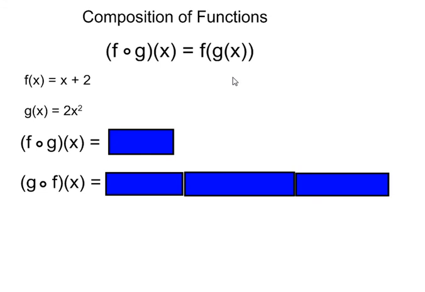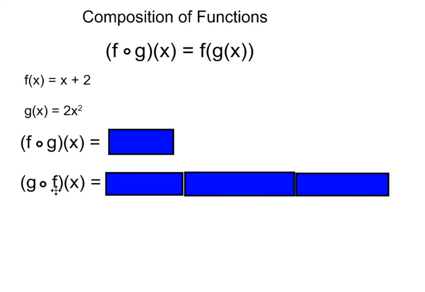So how you remember is the second function goes inside the first function. So if this was written the other way, g of f, f would go inside g. But in this case, since it's f of g, g goes inside of f.